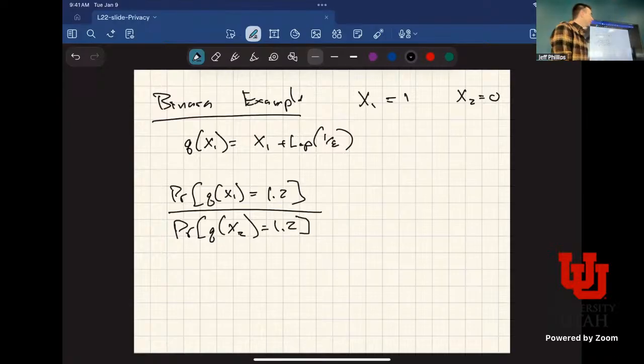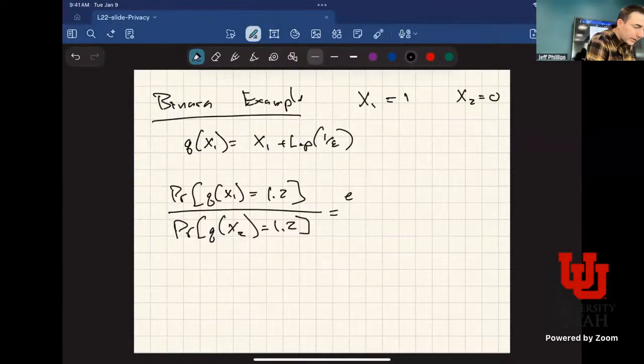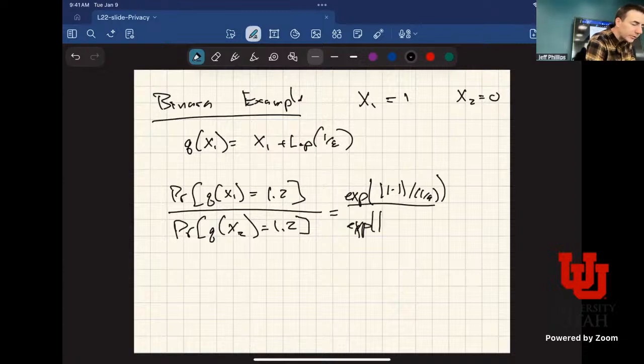So I can go through the same exercise and write down that this is going to be exp of minus the quantity 1.2 minus 1, divided by 1 over epsilon, over exp of minus the quantity 1.2 minus 0, divided by 1 over epsilon, right?